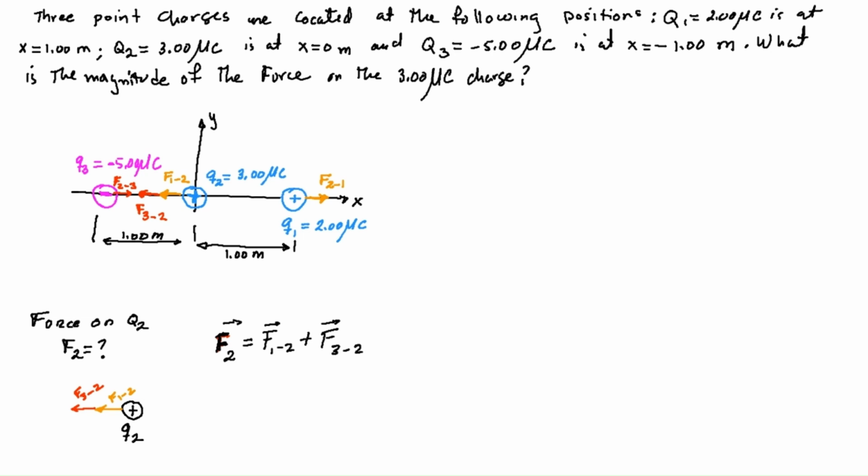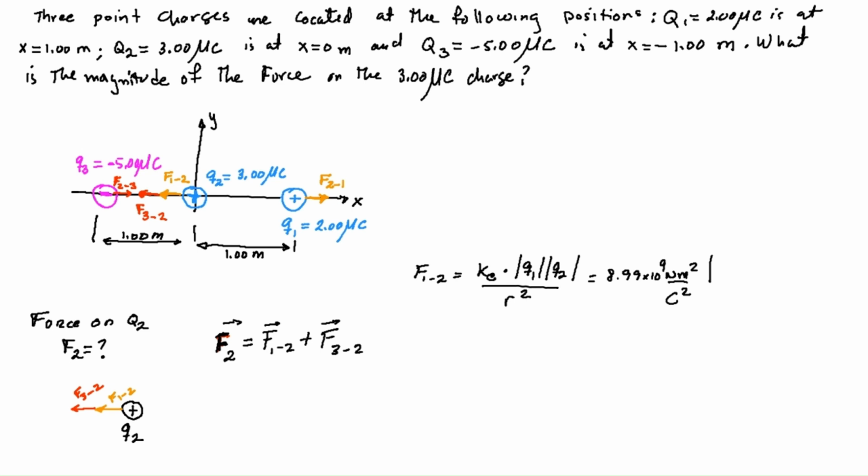So I will find the force that 1 exerts on 2. The force that 1 exerts on 2 would be K sub E times Q1, Q2 over the square of the distance between Q1 and Q2. So it would be 8.99 times 10 to the 9 newtons meter square over Coulomb square times the absolute value of 2 microcoulombs.